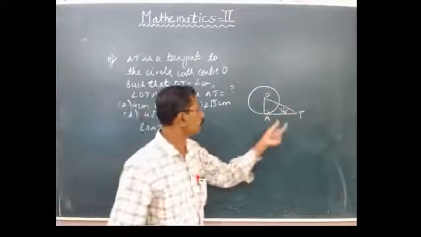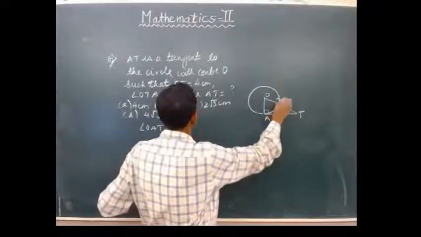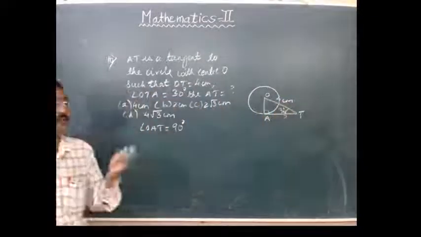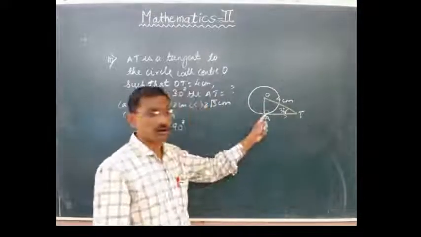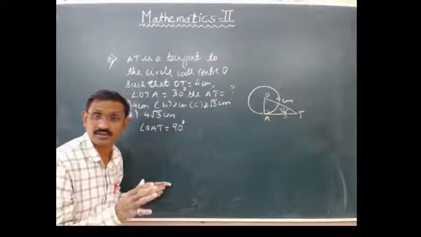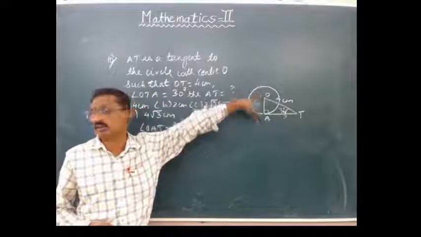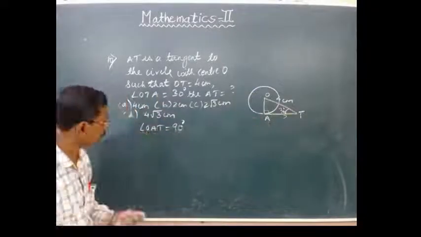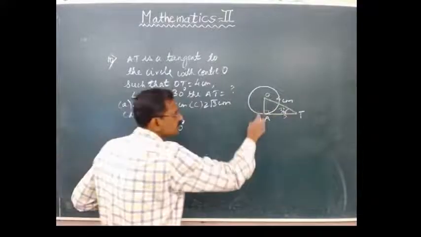But we are not bothered about that. What we are bothered about is AT. OT is given to us as 4 centimeter. We have to find AT. Now, why is there a 30 here, and why have we drawn a perpendicular from the center of the circle? Let us consider this triangle.